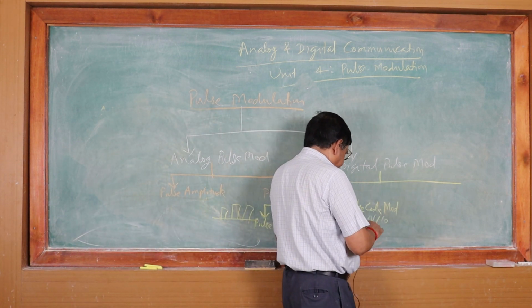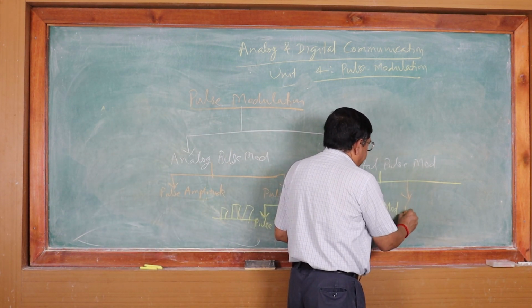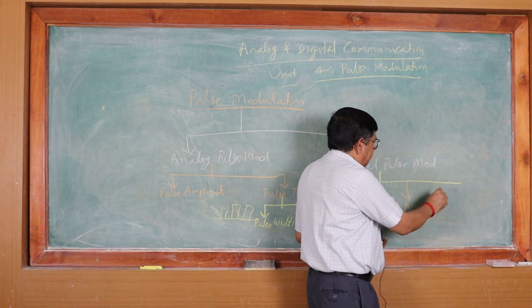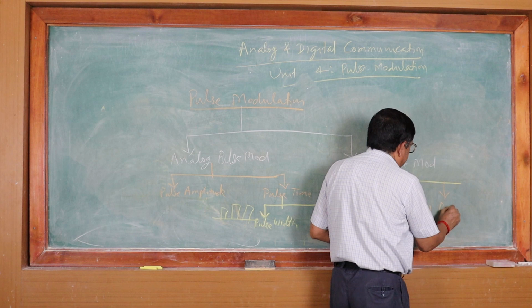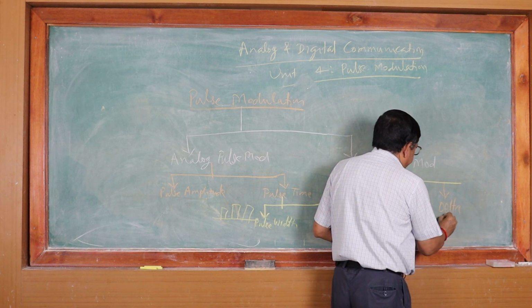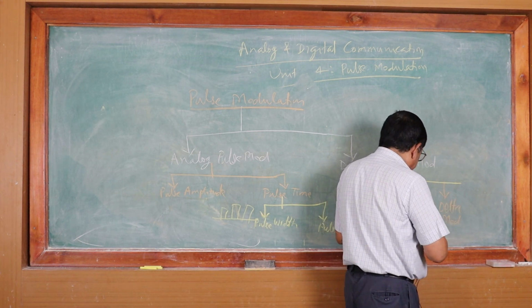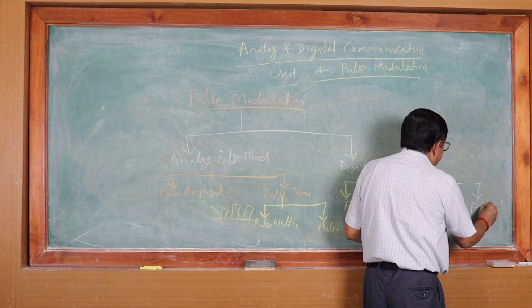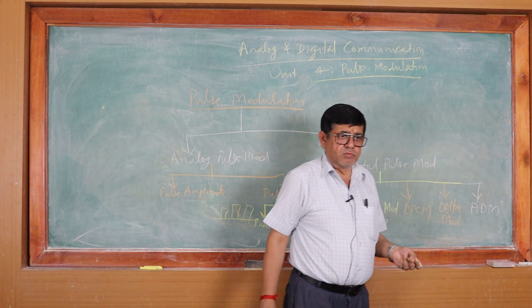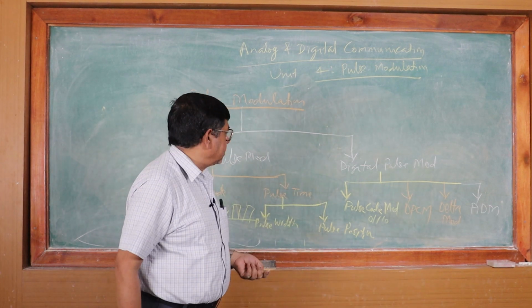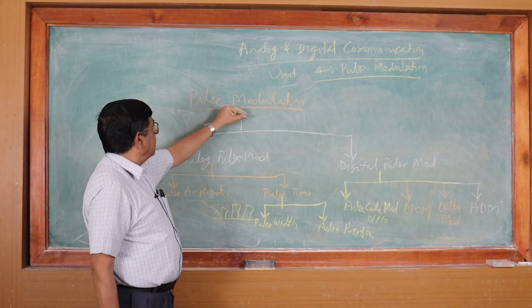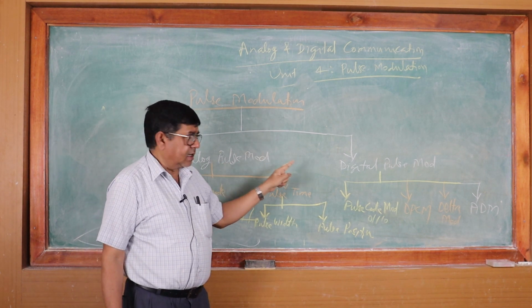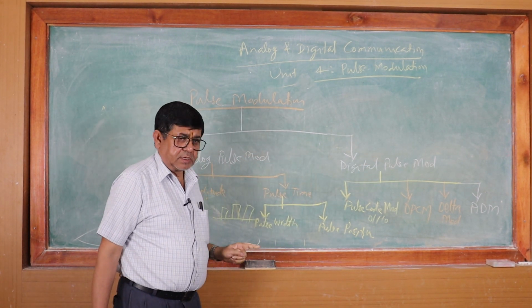Then we have differential pulse code modulation, DPCM. Then we have delta modulation, and then adaptive delta modulation, ADM, and many more. So these are the two different categories of pulse modulation technique: analog pulse modulation and digital pulse modulation.